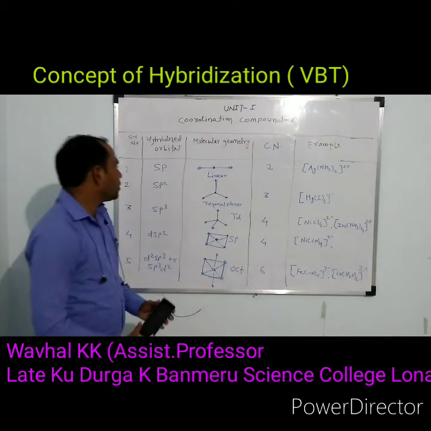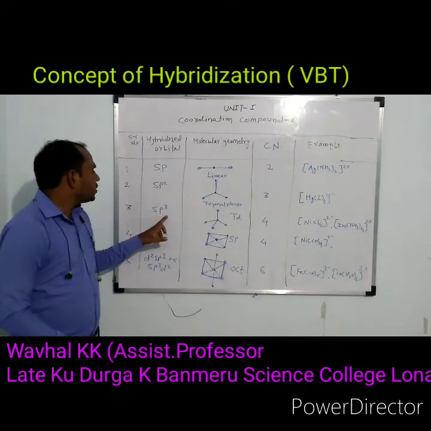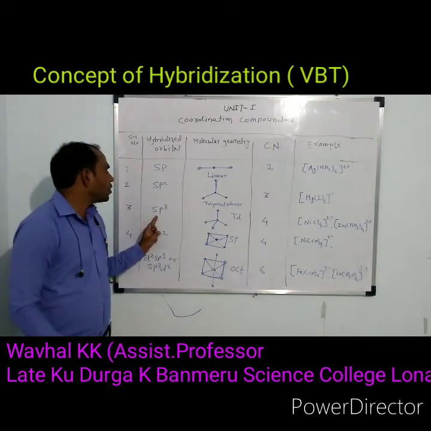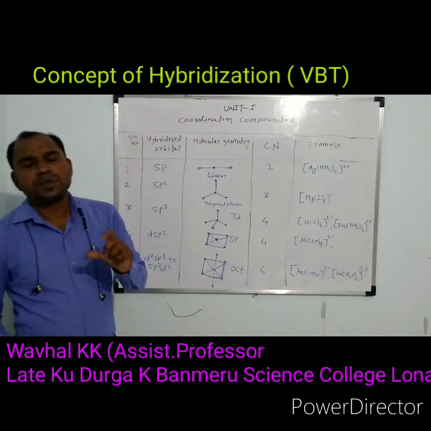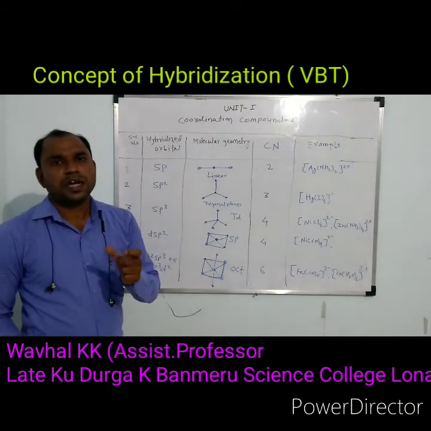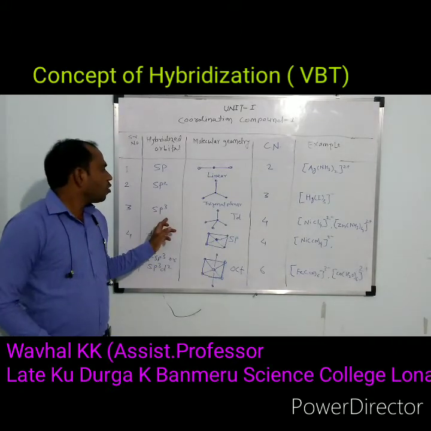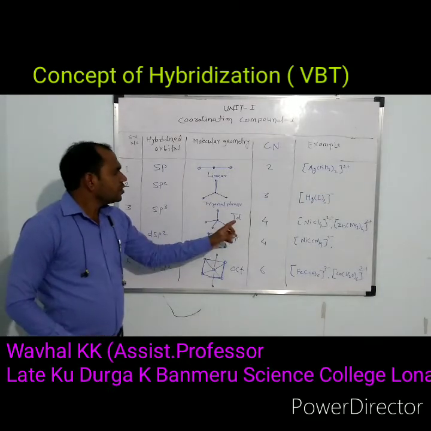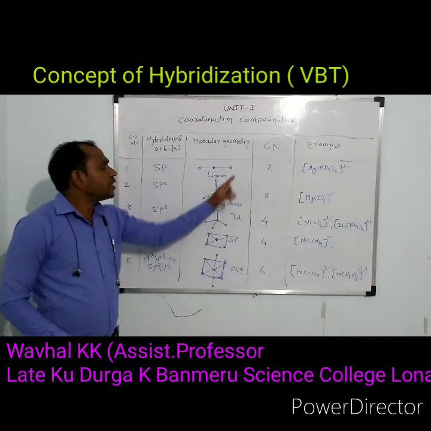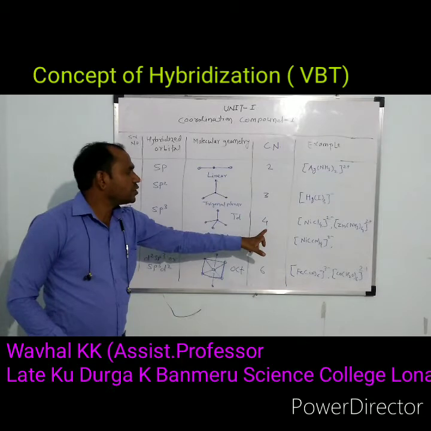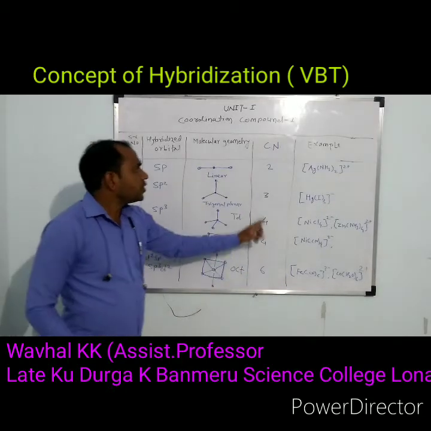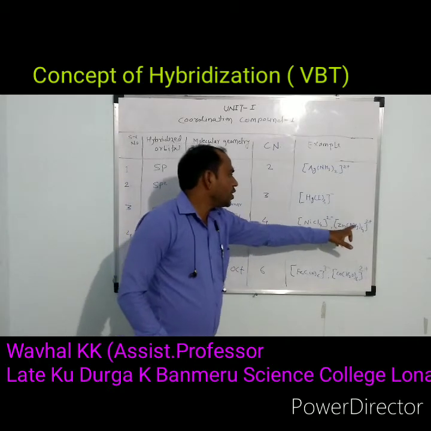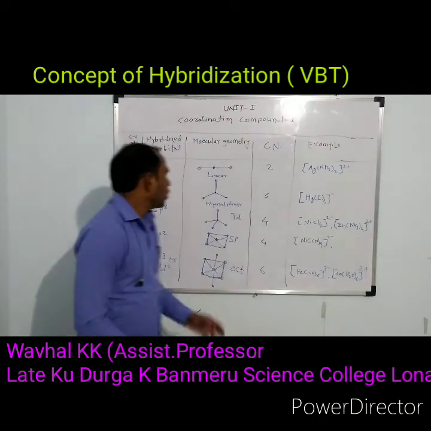The next type of geometry is called the sp3 geometry. When sp3 geometry is formed, one s orbital is combined with three p atomic orbitals, and then there is formation of the tetrahedral geometry. In tetrahedral geometry, the coordination number of the complex is 4. Examples are NiCl4 and Zn(NH3)4 dipositive.